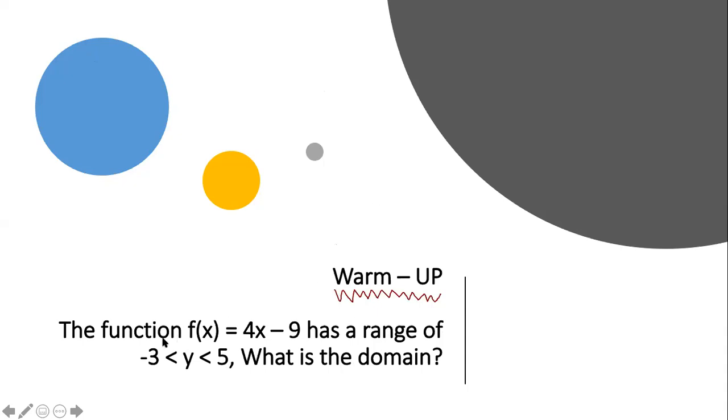So the function f of x equals 4x minus 9 has a range of y, -3 is less than y is less than 5. What is the domain? So to figure this out, let me put it over here. It's asking for the domain. It's asking for x when it gives you the y values -3 and 5.